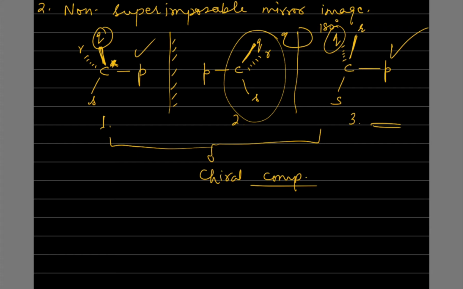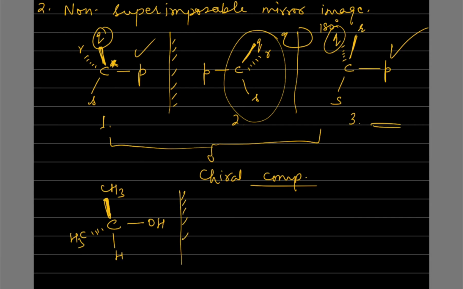The carbon present in this compound is called a symmetric carbon, right? Say for example we have propan-2-ol. Here is OH, here is CH3, CH3, H. So we have this type of compound.